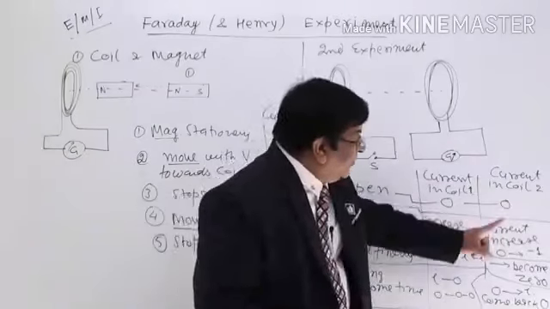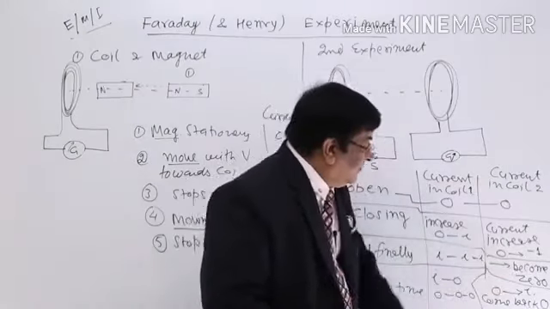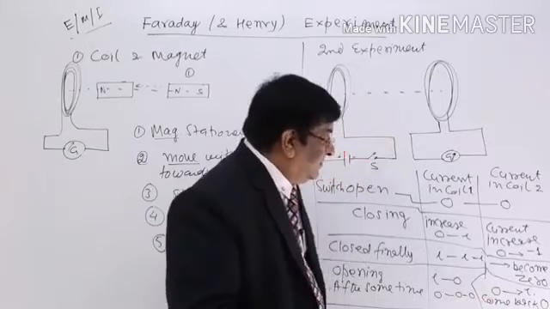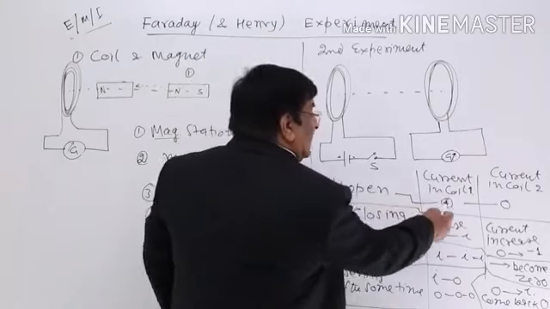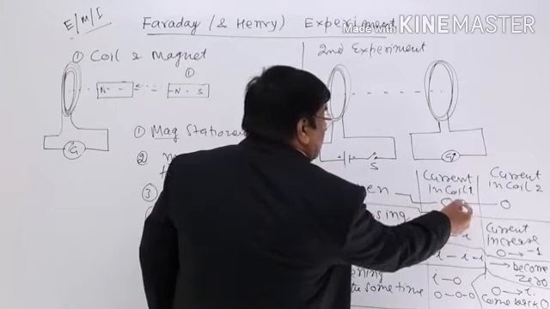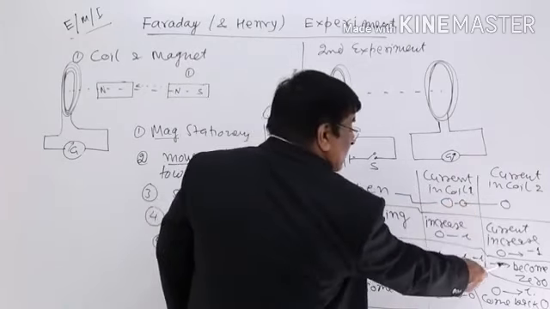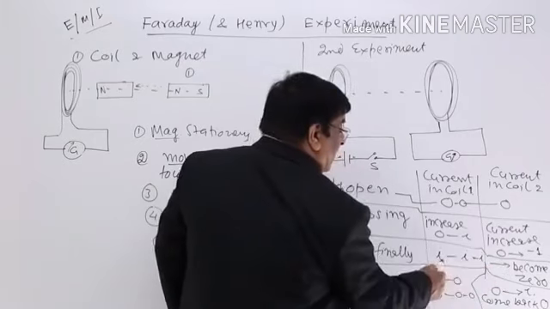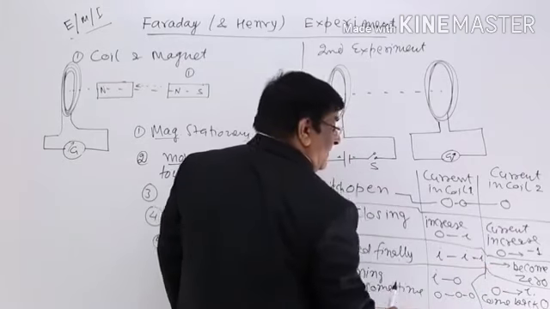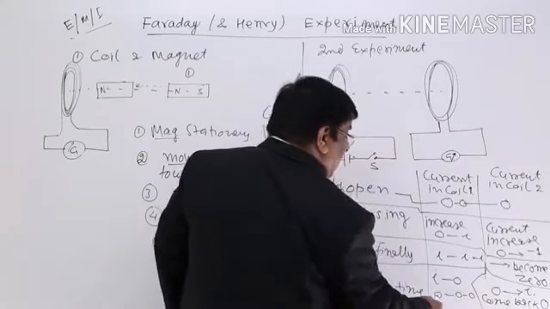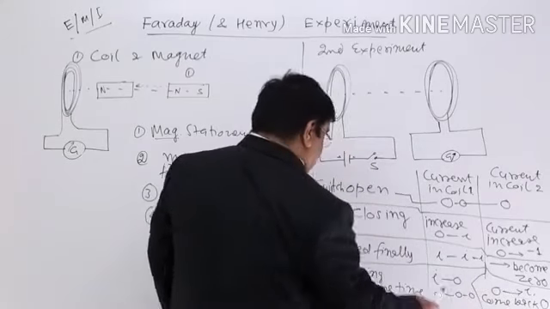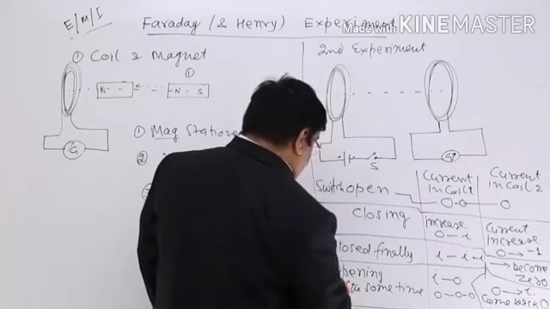Coil 2's current becomes 0 when the current in coil 1 is steady at I. It is again 0 when the current is 0.